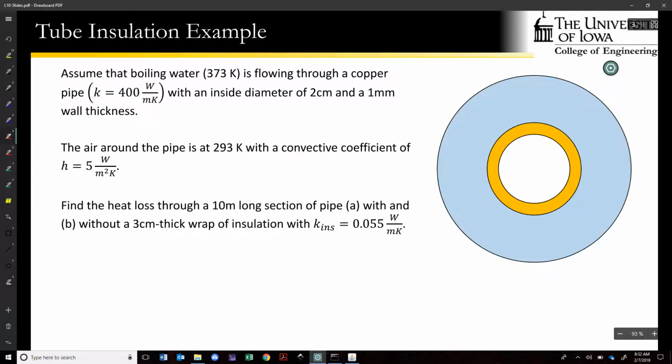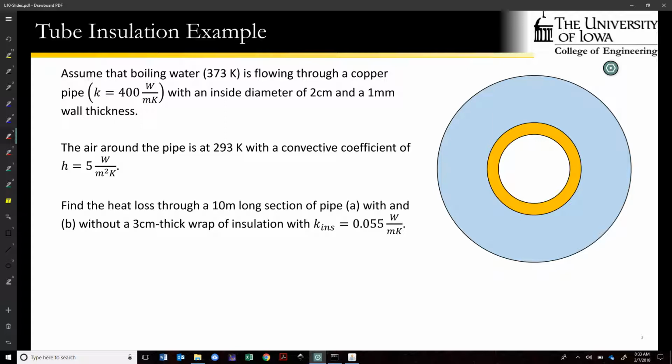So the example we left off on in the last lecture was this case where we have a copper tube with a 2 centimeter inner diameter and a 1 millimeter wall thickness, typical of something you might see in a water supply line in a house. The air around the pipe is at 293 Kelvin, about 20 degrees Celsius, with a convective heat transfer coefficient of 5 watts per meter squared Kelvin.